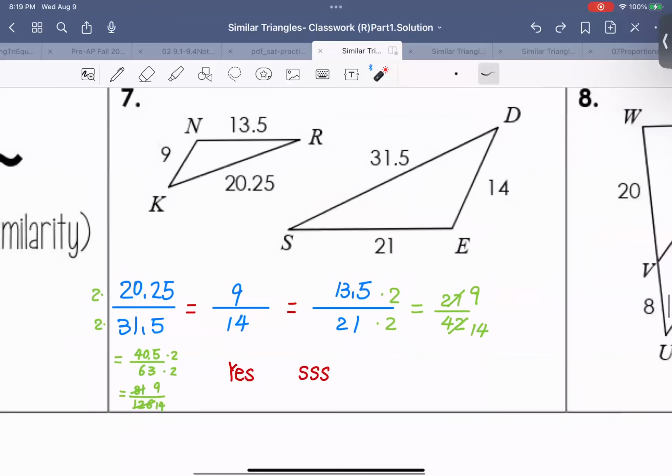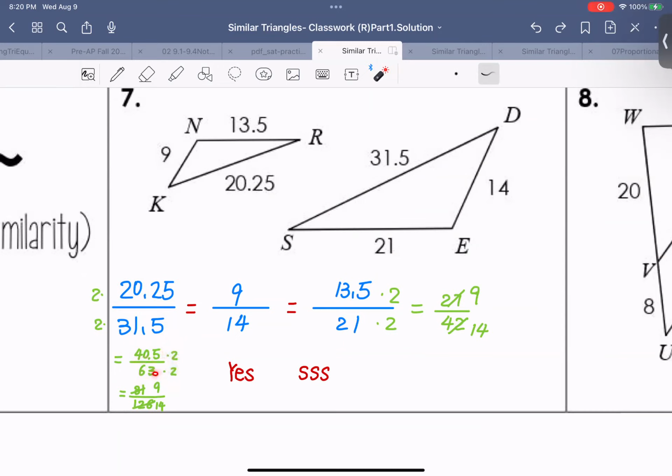Even though this is an ugly number, I know that 4 quarters is $1. So I will double and double again. When I double, this is 40.5. When I double this, it is 63. When I double this again, this is 81.